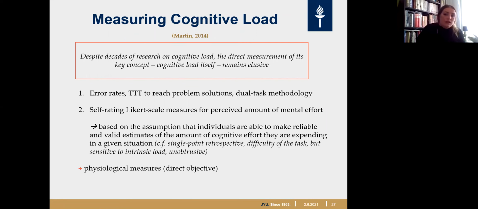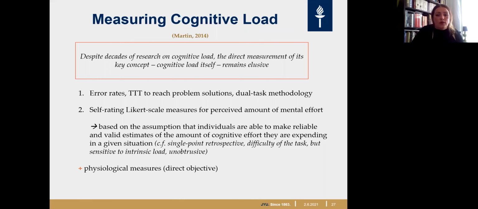So there are different conceptualizations, different definitions, and different operationalizations in different research areas of how to measure this. And of course, these self-rating scales, perceived amount, are based on the assumption that individuals are able to make reliable, valid estimates of the amount of cognitive effort they are expending in a given situation. So that's the basic assumption of it.